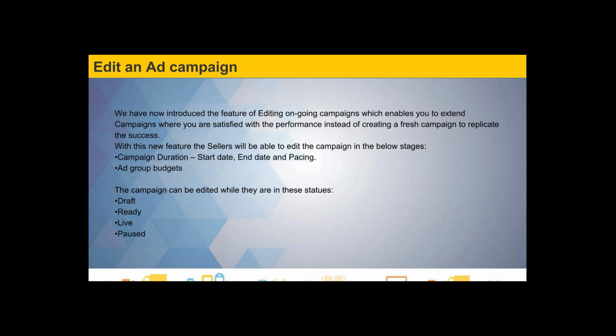With this new feature, you'll be able to edit campaign at below stages: campaign duration, start date, end date, and pacing, and ad group budgets. The campaign can be edited while they are in these status: draft, ready, live, and paused.